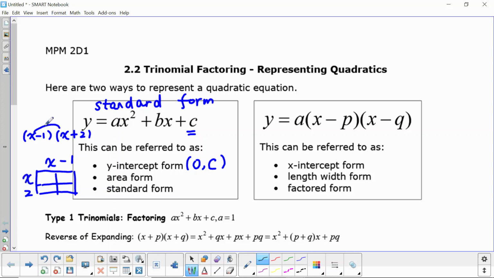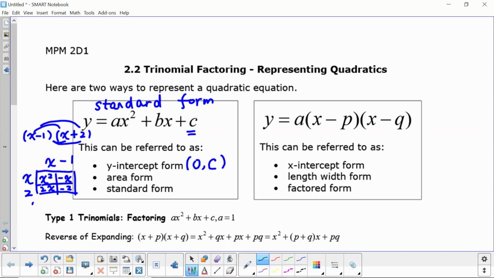If we use the area model, x times x gives you x squared, negative 1 times x gives you negative x, x times 2 gives you 2x, negative 1 times 2 gives you negative 2. Then we collect the like terms.